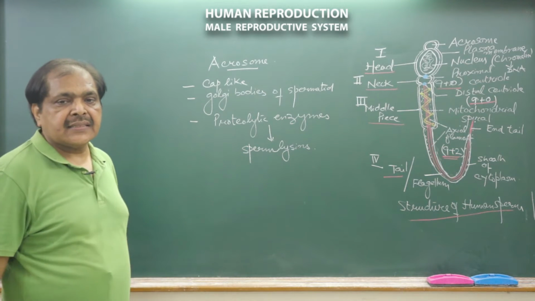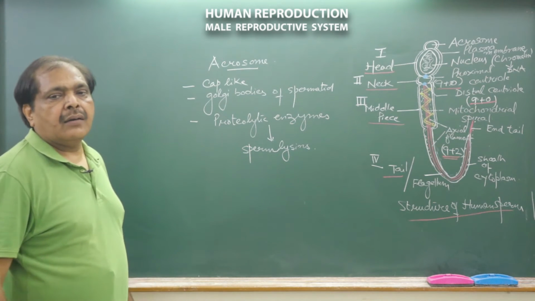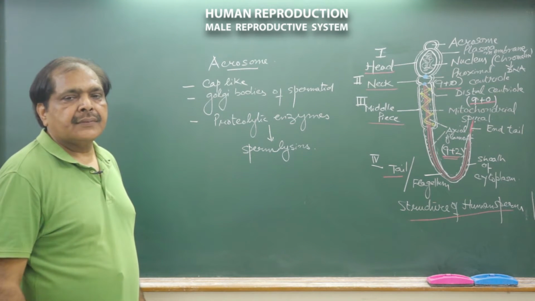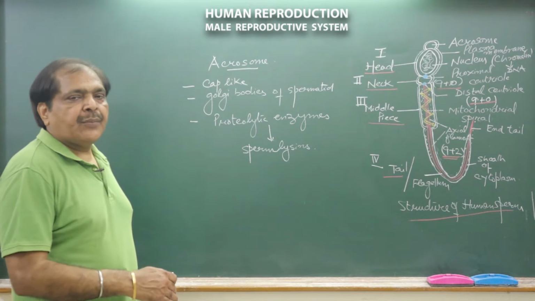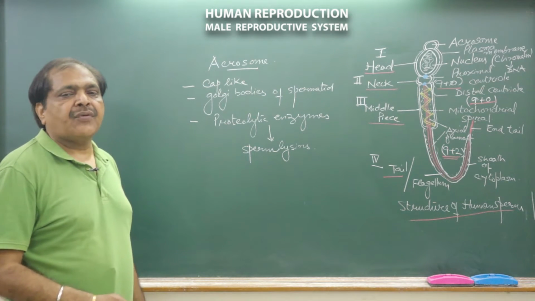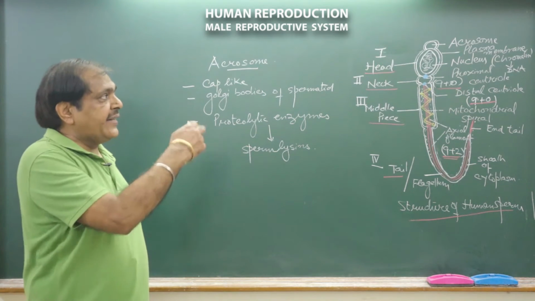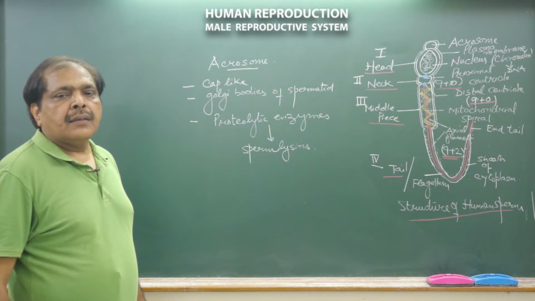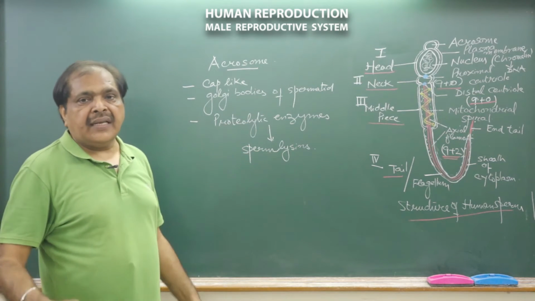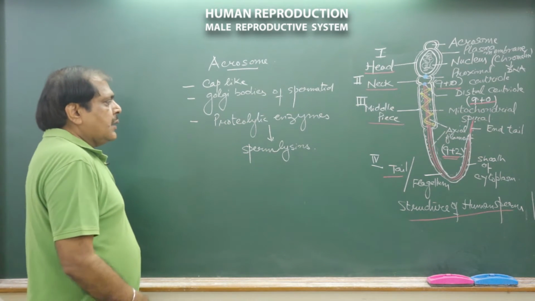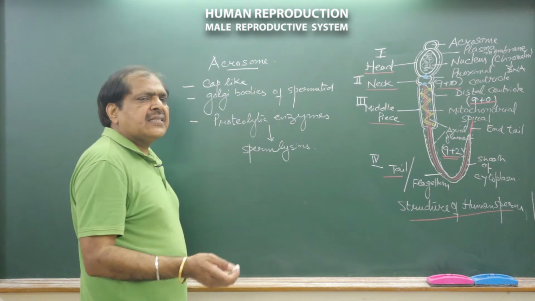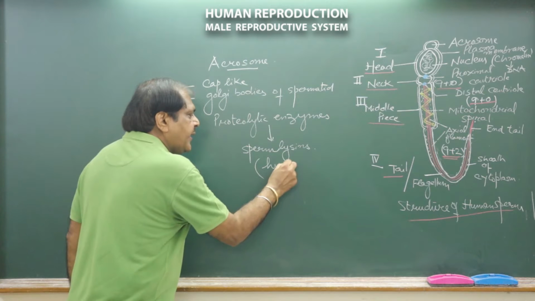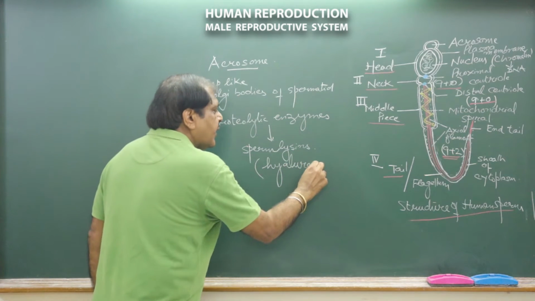Lysins means lysis. They will break the membranes of the egg at the time of penetration, at the time of entry of the head of the sperm into the egg. There are so many sperm lysins, for example, hyaluronidase.